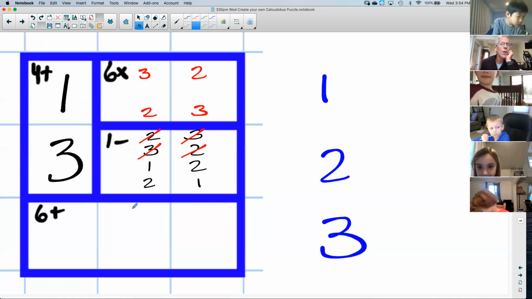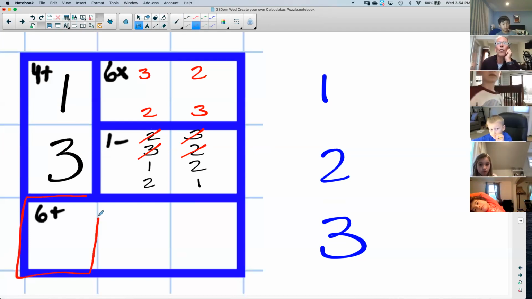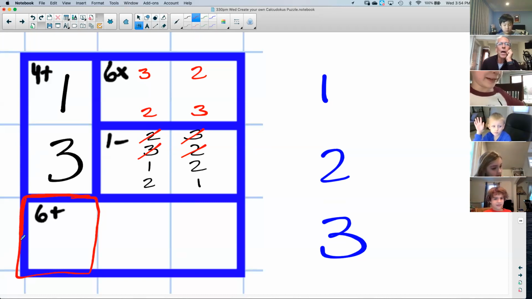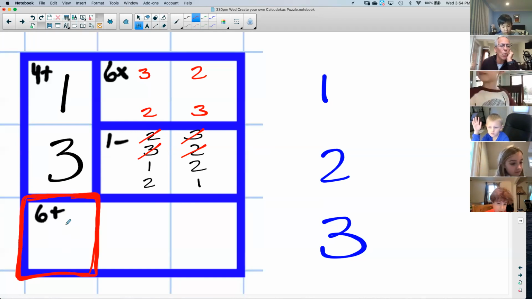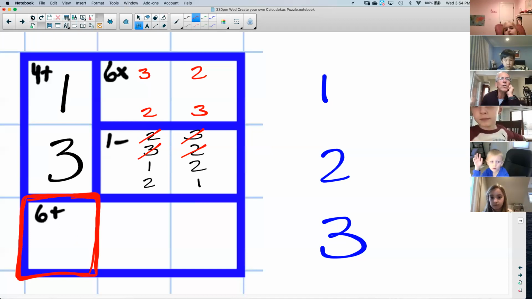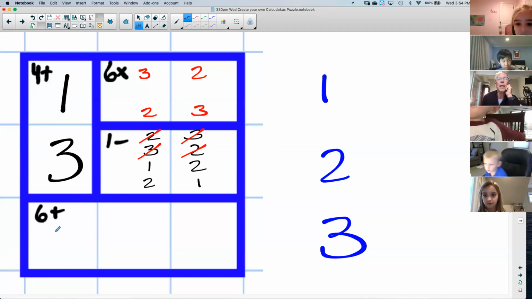Now, the last one we have to do is the 6 plus. Now, who knows what number goes in this square right here? Don't say it out loud. Put up your hand if you know what must go in that square. Okay, say it on 3. 1, 2, 3, go. 2. Oh my gosh.